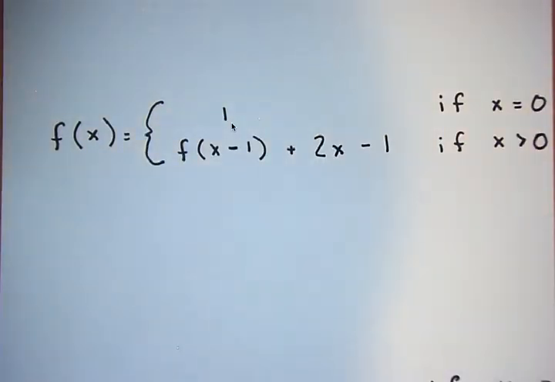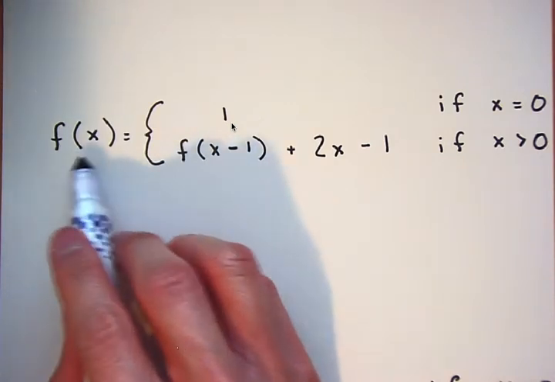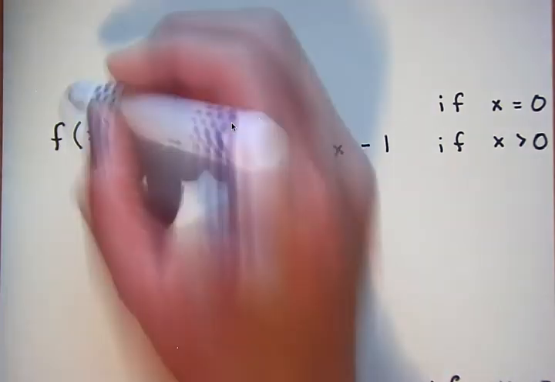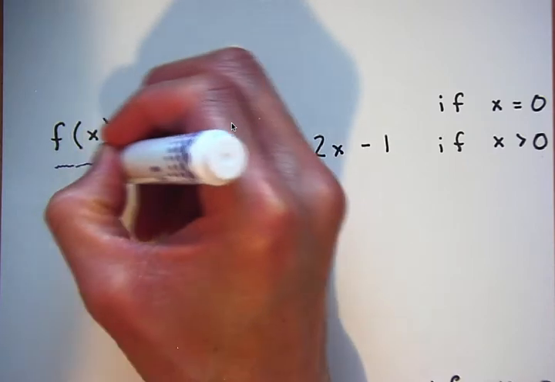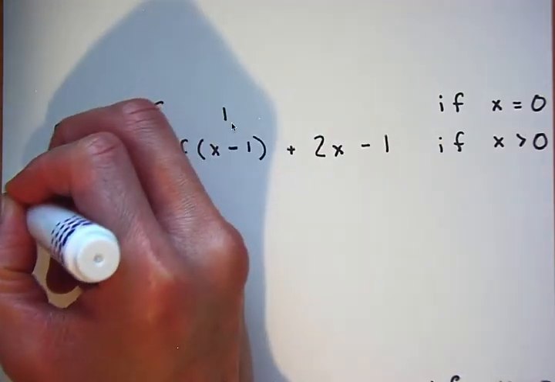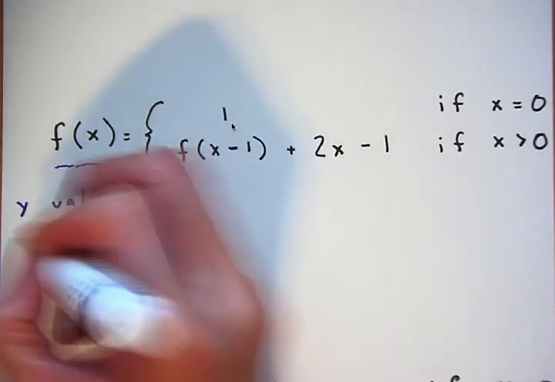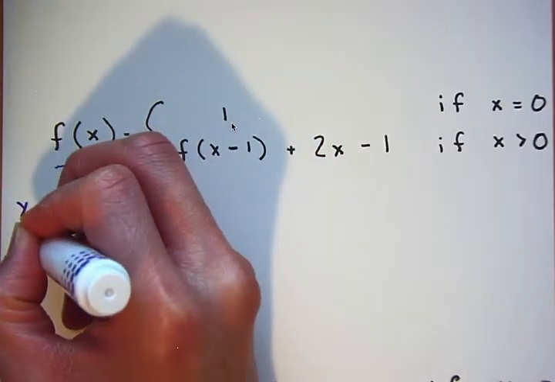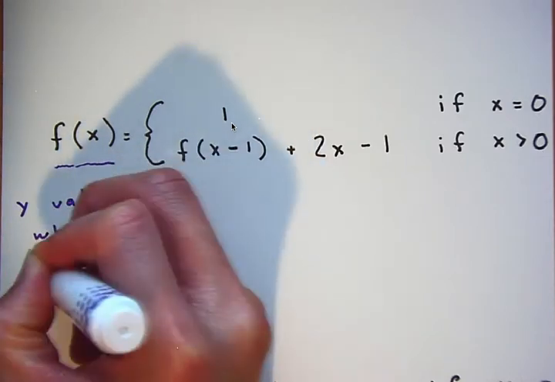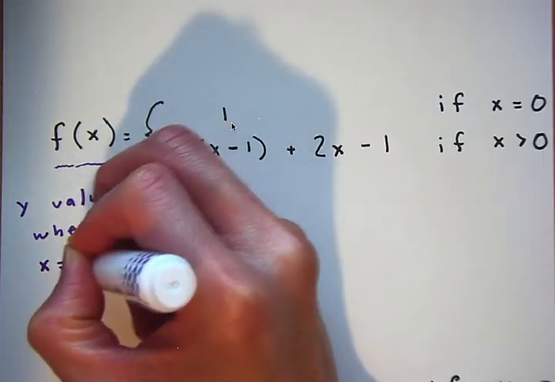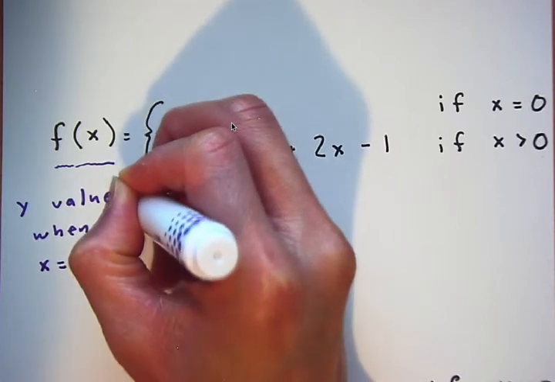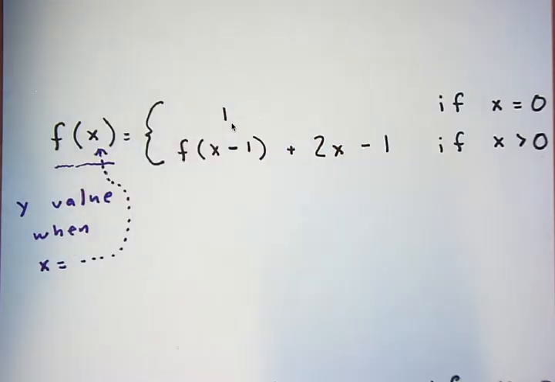So quick little thing, sort of a reminder. This right here, this f of x, this right here is your y value when x is equal to whatever number you put in there. So this f of x is basically like your y.